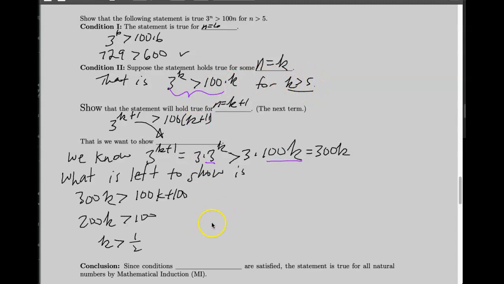So what that tells us is that since k is greater than 5, we have shown the next term, the k plus 1 term.